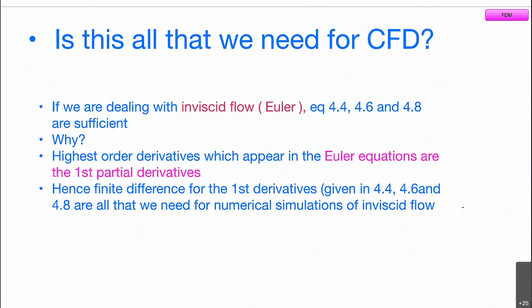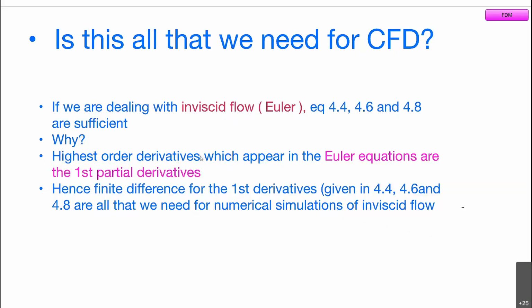If we are dealing with inviscid flow, meaning we ignore the viscosity term, which gives the Euler equations, then FD, BD and CD should be sufficient. Why?